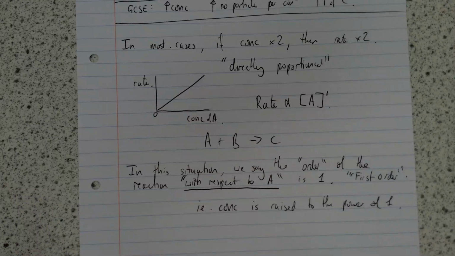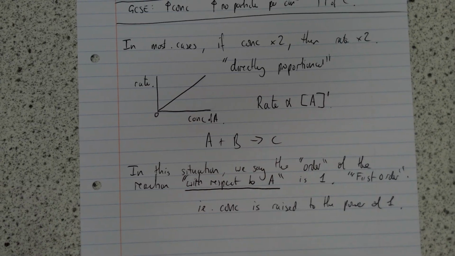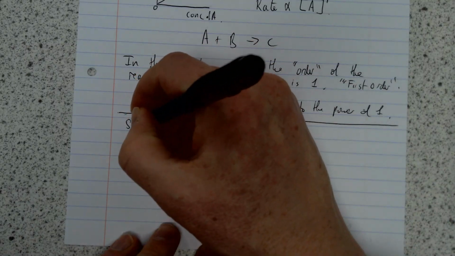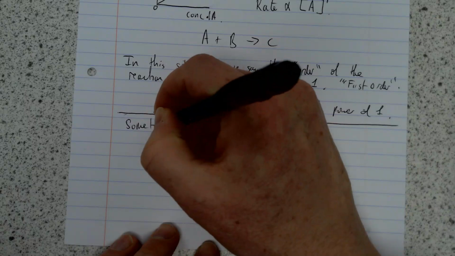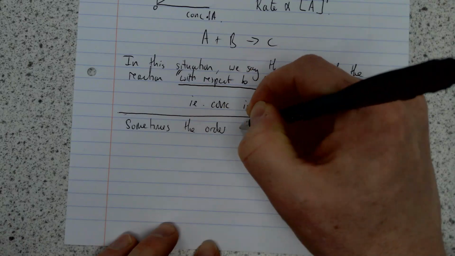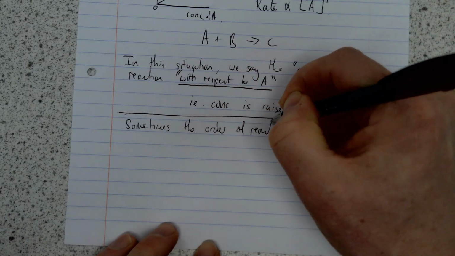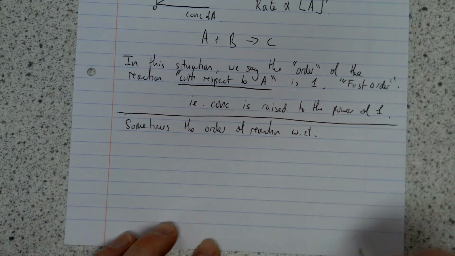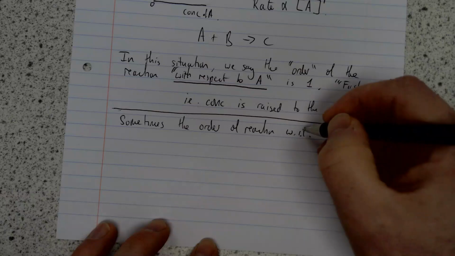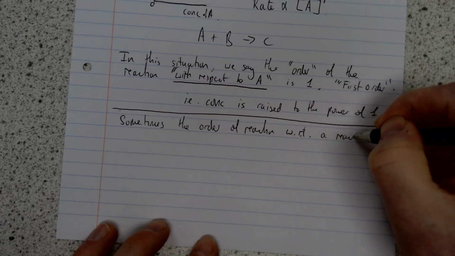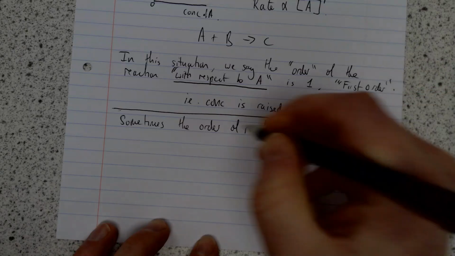But there are a couple of situations where that doesn't happen, and we're going to talk about those in a sec. So sometimes the order of reaction with respect to, I'm just going to use WRT as with respect to from now on, with respect to a reactant is 2.